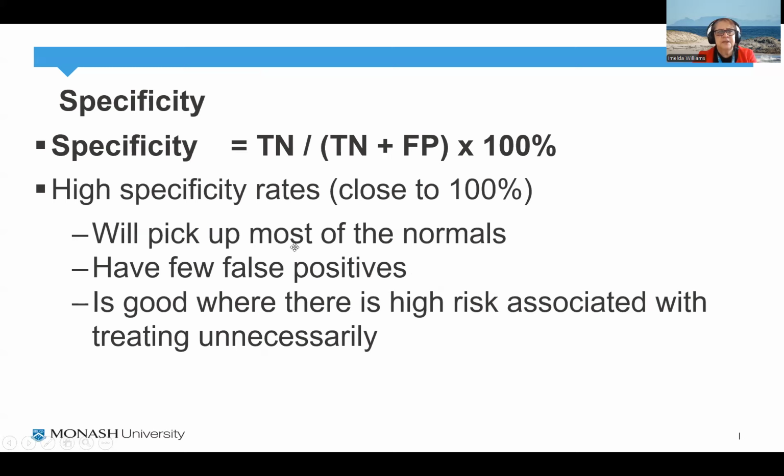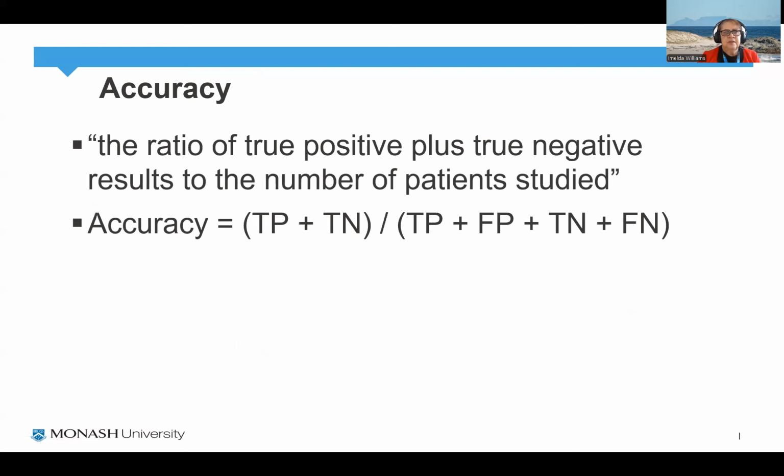So specificity then is the ability to identify that cases are normal, and you want to keep that as close as possible to 100%, because if you don't, you will increase your false positive rate, and that means that there is a higher risk for associated either unnecessary treatment or unnecessary imaging of that body part. And then accuracy, which is a true reflection of your ability to identify pathology, but also to identify all normal cases.